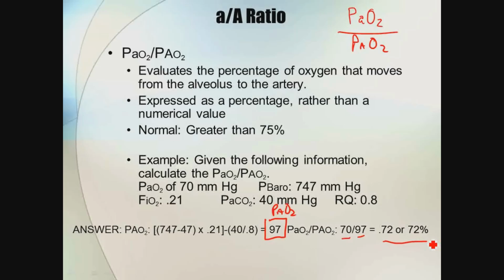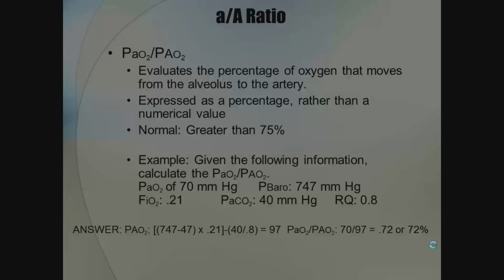So both the AA gradient and the AA ratio gave us the same picture. A little bit short. Not doing as good as I'd like to see them do. Something's wrong pathophysiologically. Oh boy, big word. Something's wrong with the lungs someplace, and we're not allowing this to happen.